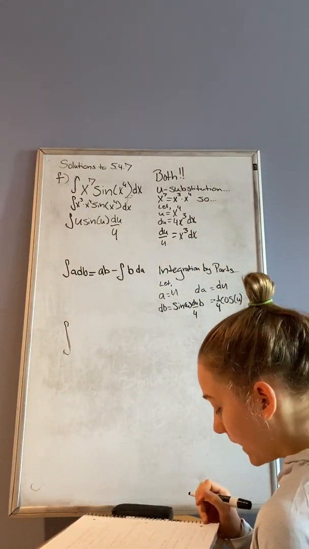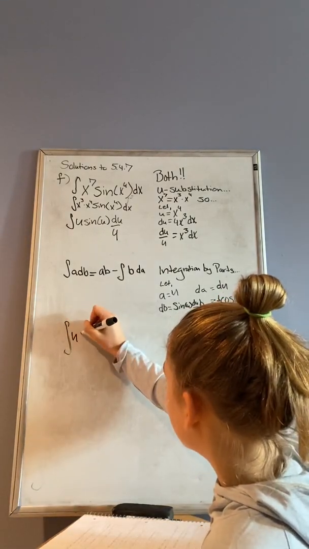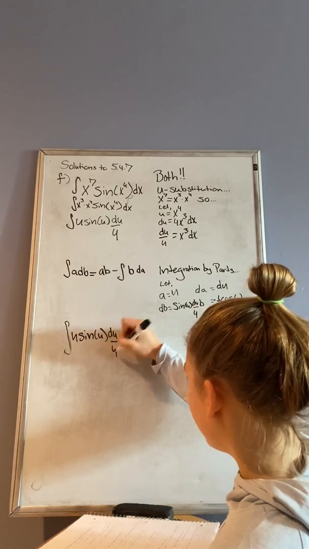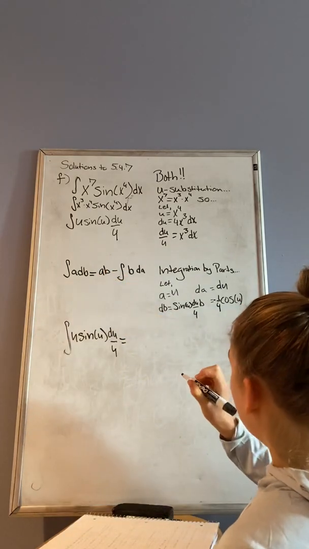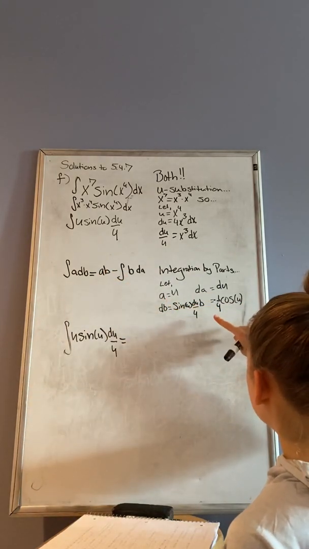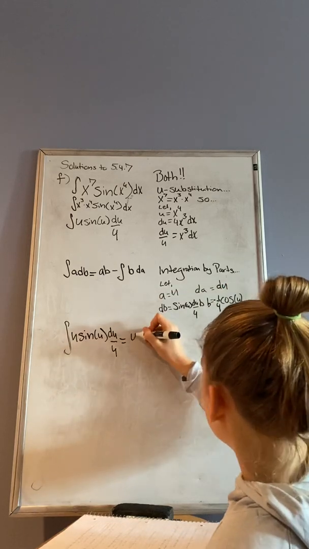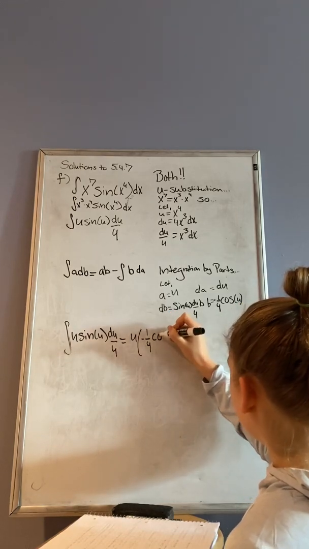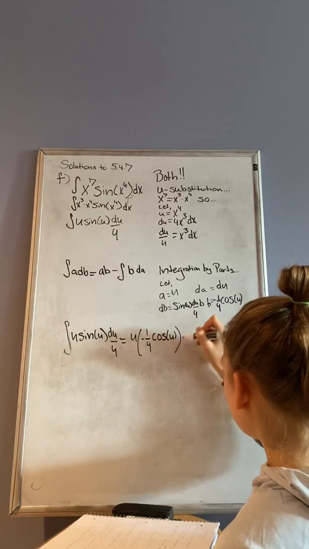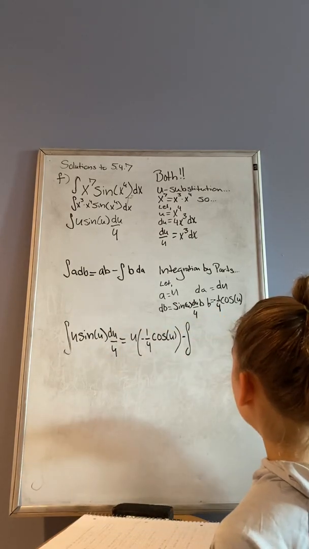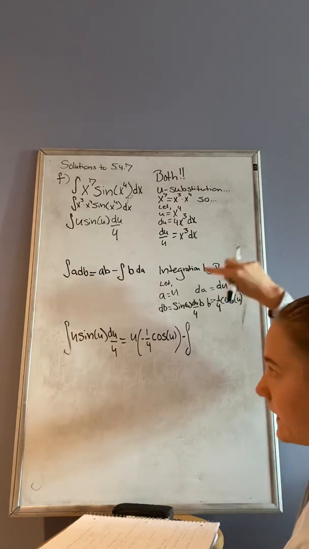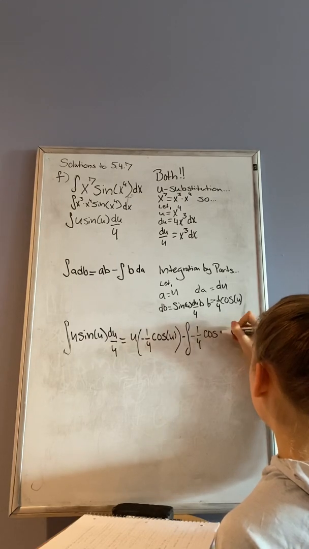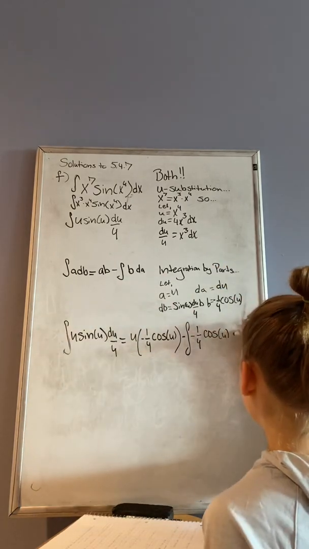We are going to get that the integral of u sine u times du over 4, our a db, is going to be ab, which is u times negative 1/4 cosine of u, minus the integral of b dA, so negative 1/4 cosine of u du.